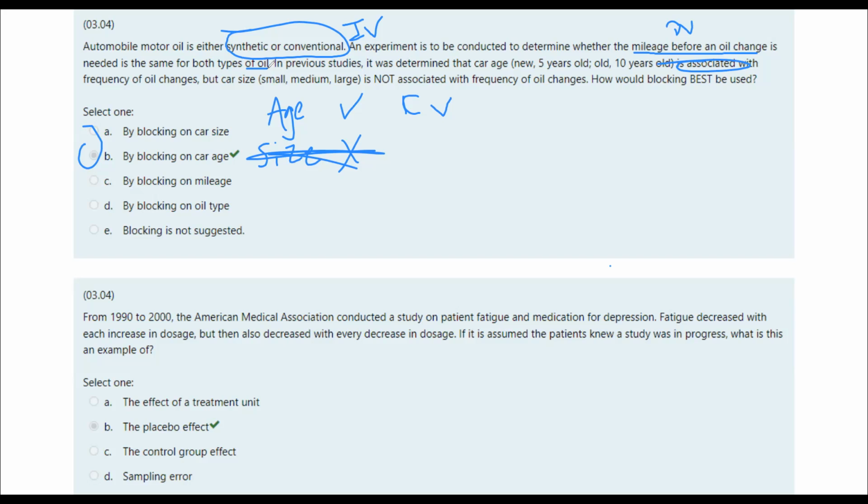If it's assumed that the patients knew the study was in progress, what was this an example of? So it's basically saying that fatigue decreased no matter what. That proves it was not decreasing because of the medicine, but because they knew they were getting medicine, but little did they know, some of the time they were actually getting a decrease in dosage. That's the placebo effect.